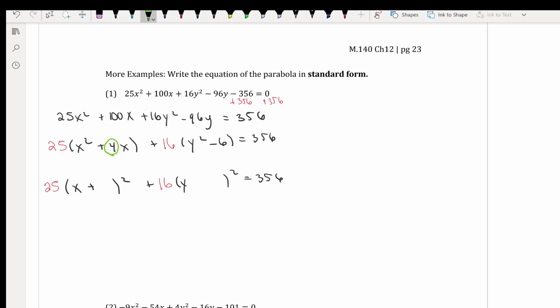Okay, so I'm looking at this 4, and I'm going to divide it by 2. 4 divided by 2 is 2. And then if I were to square that, that would give me 4, but I can't forget that I'm multiplying by the number out in front. So I would have a 4 times a positive 25, which is going to give me 100.